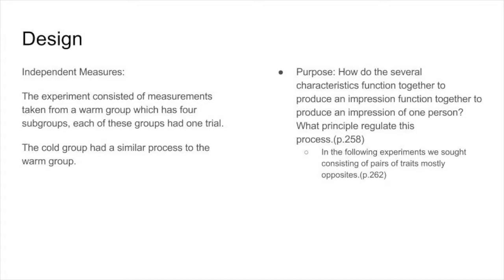Another strength of the design is how they use the independent measures. They have 2 groups, Group A and Group B, and these 2 groups were split by how they would want the participants to interpret the meaning of the words.